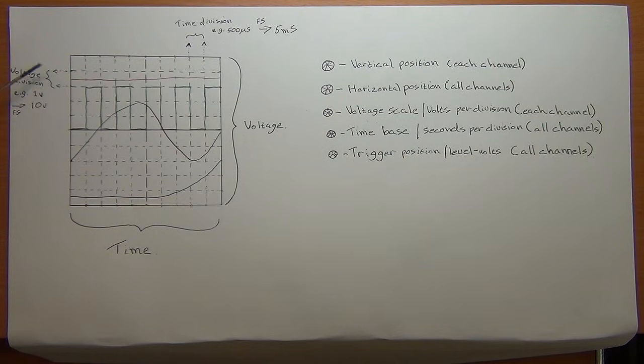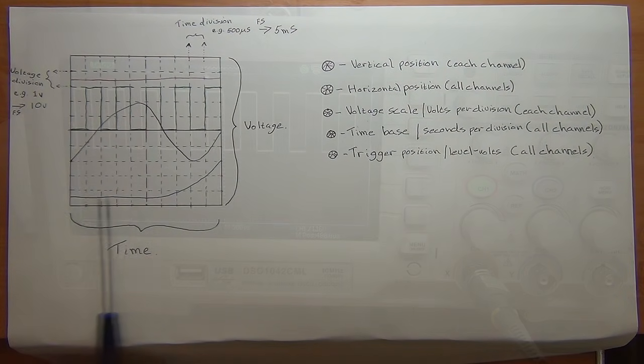And in the example that we're going to have a look at, each of those divisions is set to 1 volt per division, which means the whole screen shows a total value of 10 times those divisions, which would be equal to 10 volts. So that's just something to understand, is that your y-axis or your vertical axis is the signal level in a voltage level, and your x-axis is your time.